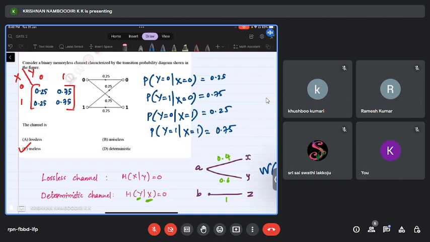Correct? So in a channel transition matrix, if there are identical rows, then the channel is useless. Do you agree? So if you want, I can calculate I of X, Y and show you I of X, Y equals 0 in this case, but that is in fact not needed.